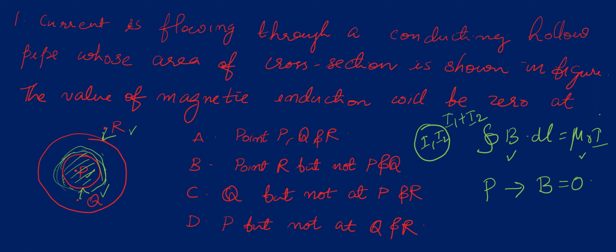So we can say at Q and R, magnetic field is not equal to 0. So the correct option is option D. At P, magnetic induction B is 0 and not 0 at Q and R. Option D is the correct one.